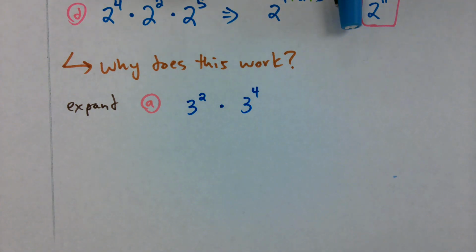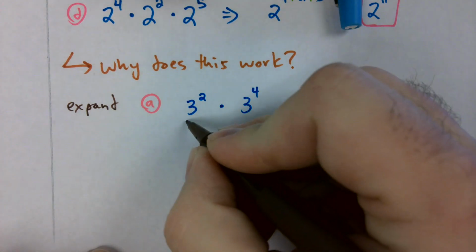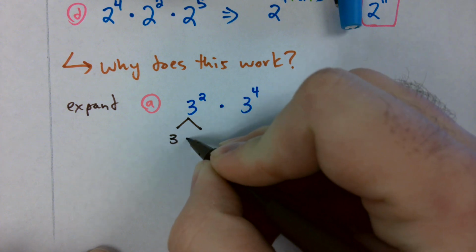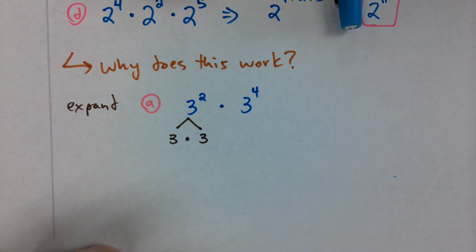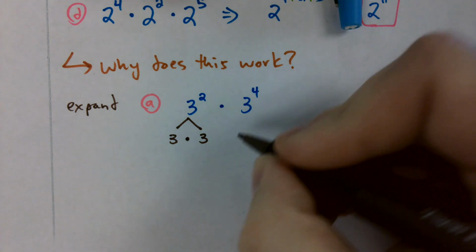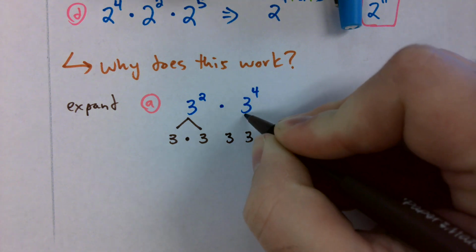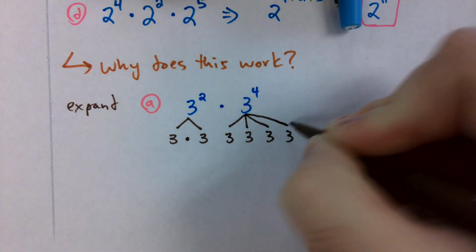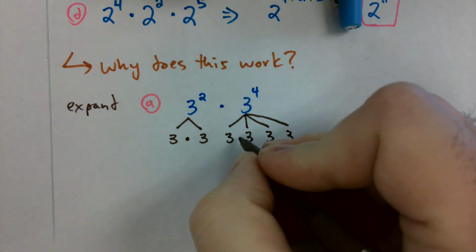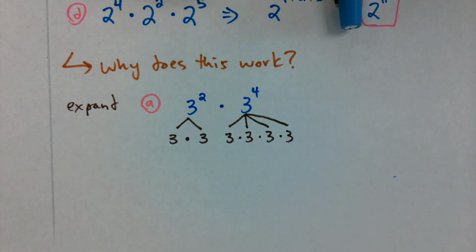If we wanted to expand this out, 3 to the second power would be 3 times 3, right? Everyone with me so far? Cool. 3 squared is just 3 times 3. 3 to the 4th would be 3 times 3 times 3 times 3. Still with me? Cool.